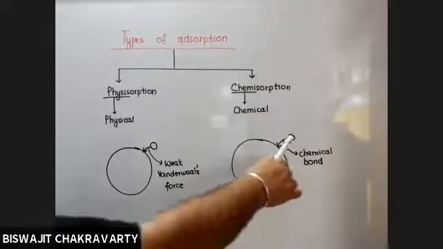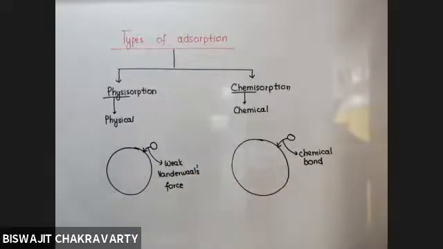Obviously, as it's a chemical reaction, it does not take place between any two molecules. They have to be highly specific in nature. Any two molecules put together will not give a chemical reaction. Yes, van der Waals force can occur, so they are non-specific in nature.